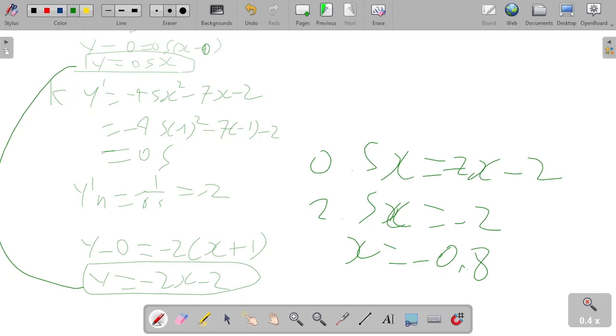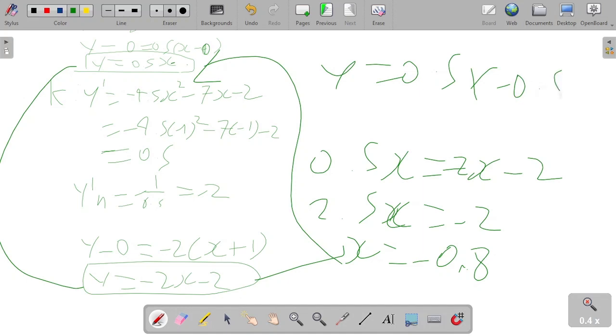Then for the y, you substitute in this or that. This one is easier, so y is equal to 0.5 times negative 0.8, which equals negative 0.4. So your point is negative 0.8, negative 0.4.